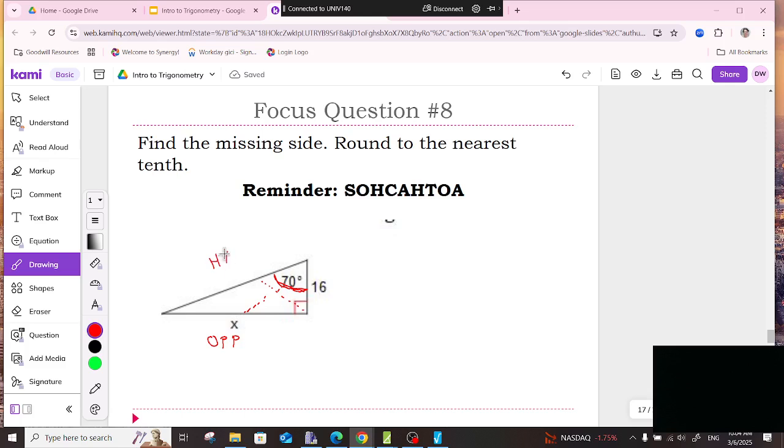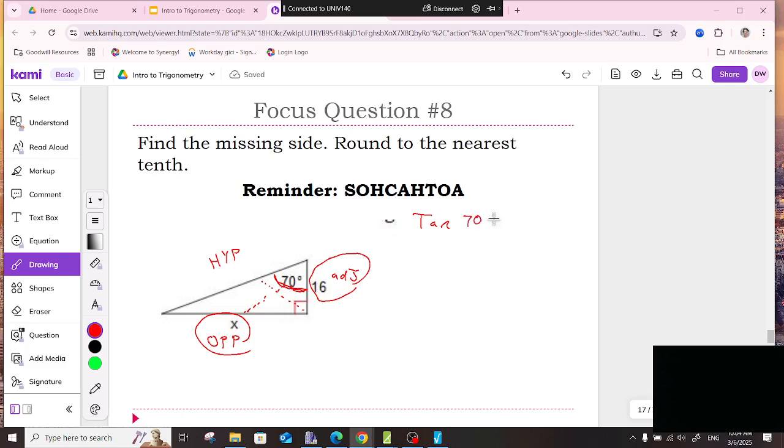And then what am I going to label the 16 as? Adjacent. What am I looking for? Opposite. Yes, you are correct. It'd be tangent, because tangent uses opposite and adjacent. Am I using hypotenuse? No.